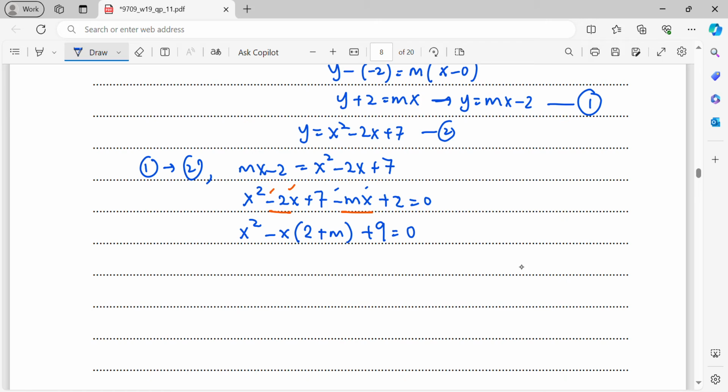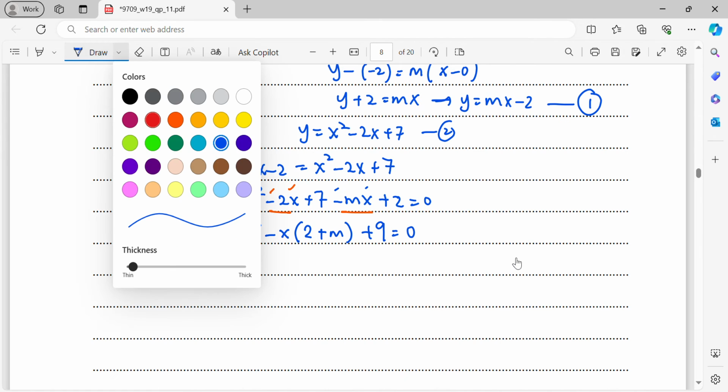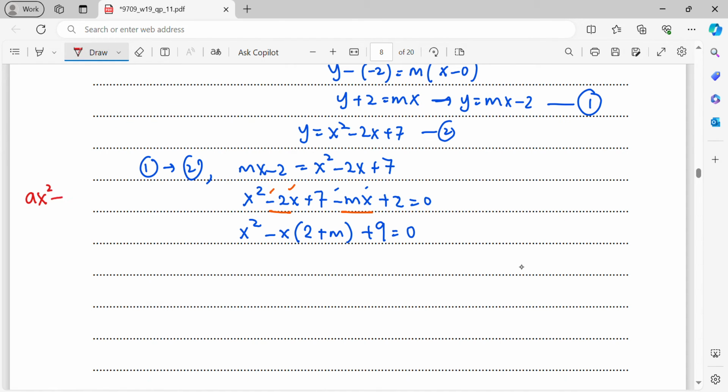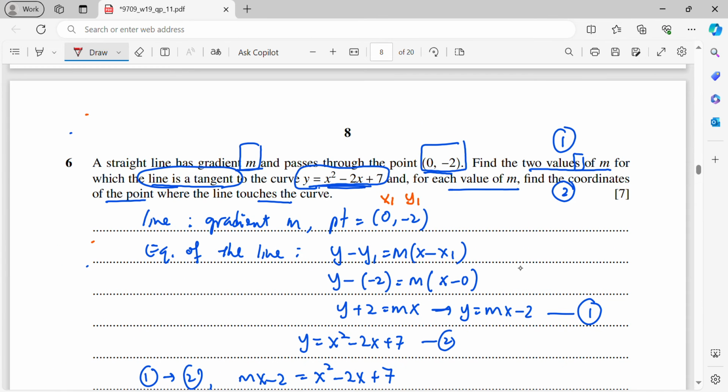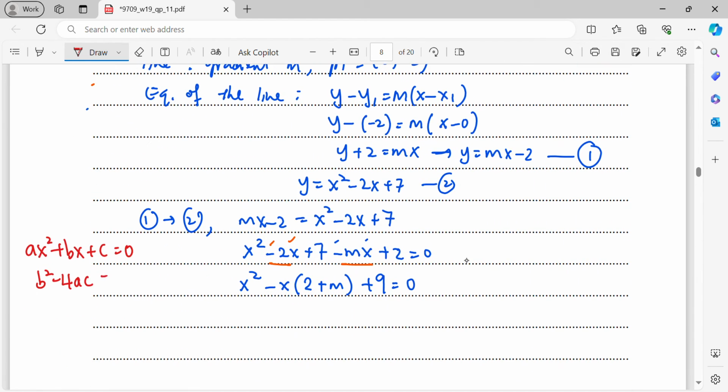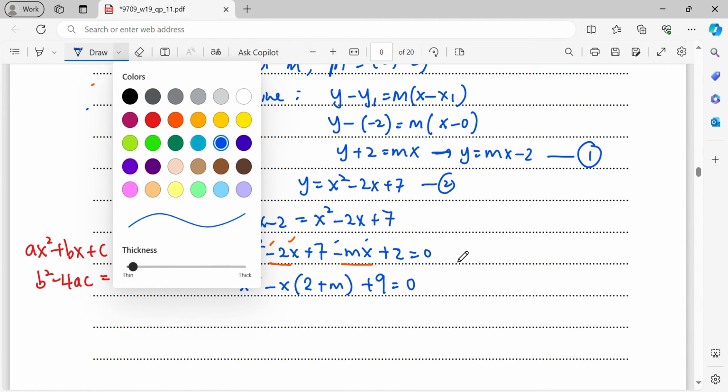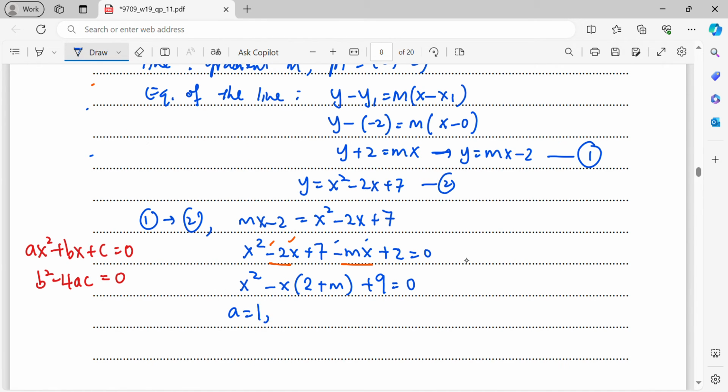Therefore, we use the discriminant method. For information, for the discriminant method you must refer back to the general quadratic equation. The discriminant is b squared minus 4ac. In this case, because of tangent, there's only one intersection point, therefore it equals 0, one real root. So my a is 1, because 1x squared. My b is negative of 2 plus m.